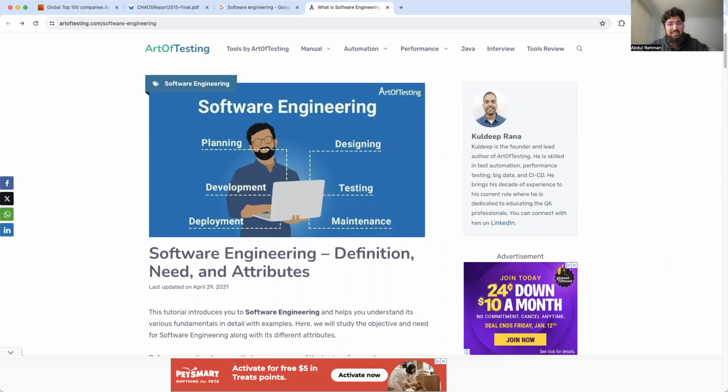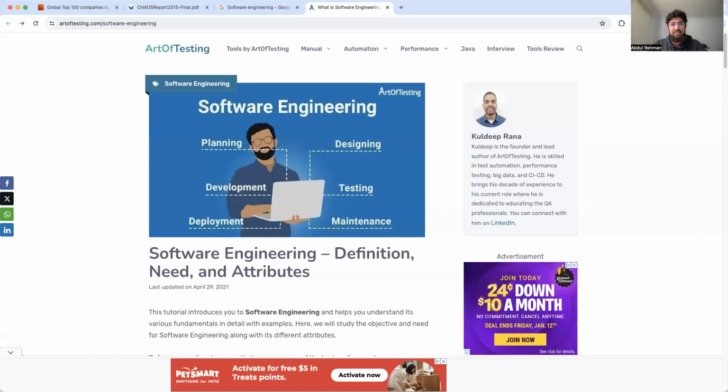What I mean is that it involves the use of engineering principles and methodologies to create software systems that are reliable, efficient, and scalable. Software engineering encompasses a range of activities that include, let's say, requirement engineering or requirement analysis, design, coding, testing, deployment, and maintenance, all aiming to produce high quality software products.